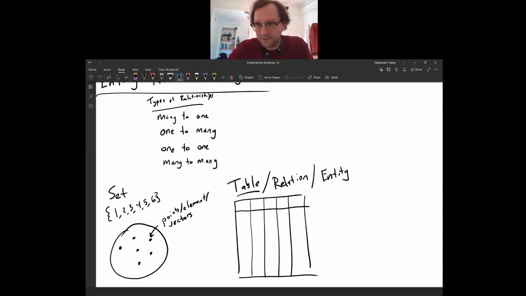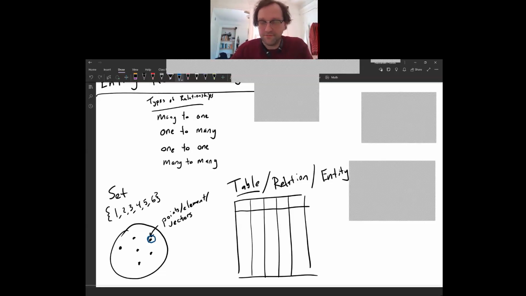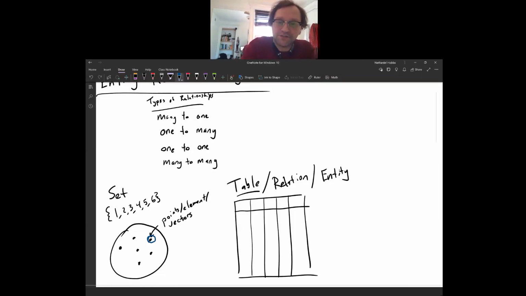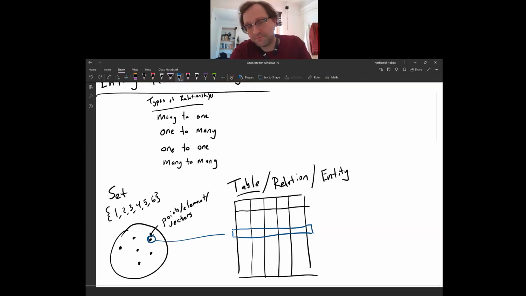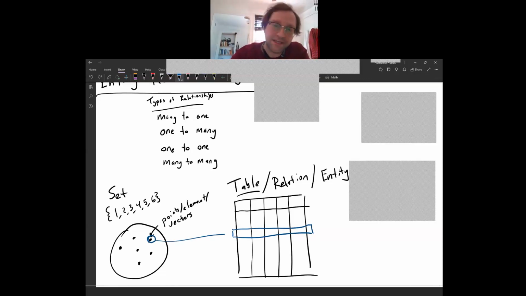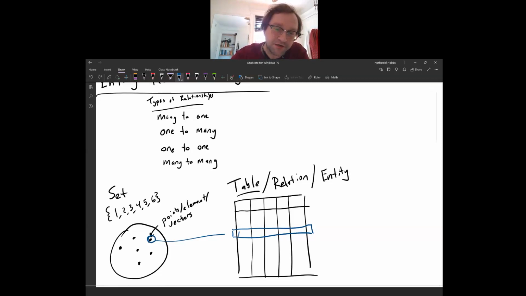In the set perspective, one of these points corresponds to one row of the table. A row of the table could be somebody's name, John, their age, 33, and other information about them.